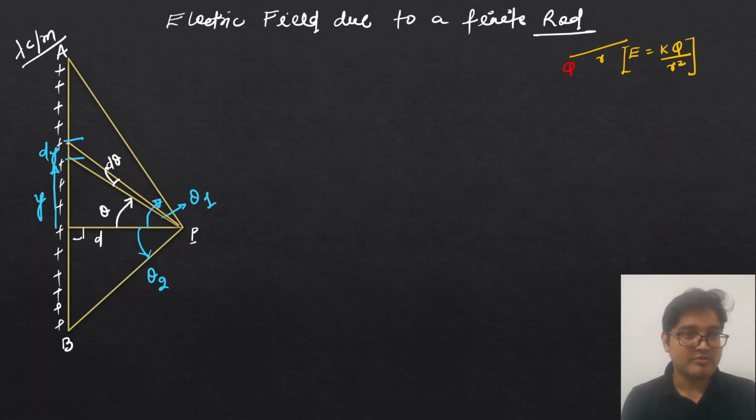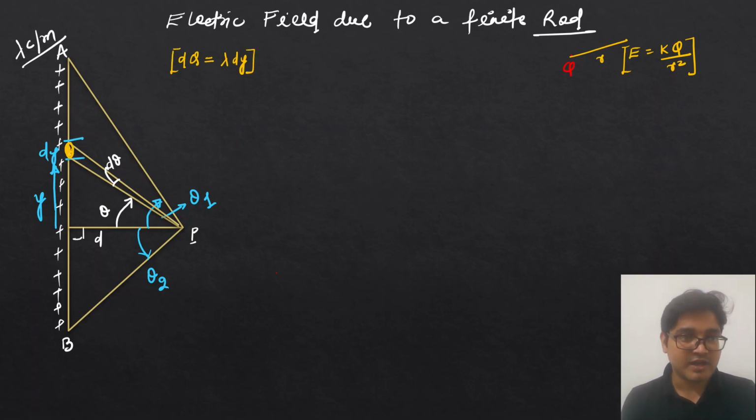The very small charge which is confined in this length dy can be termed as dq, and the value of dq will be simply lambda into dy. Here lambda is the charge per unit length, so in unit length lambda charge is there, so in dy length the amount of charge will be lambda into dy.